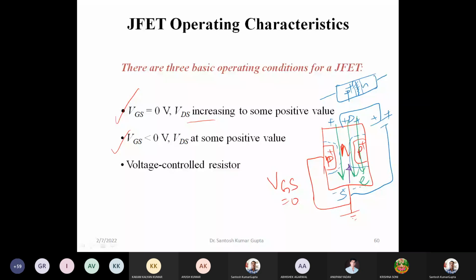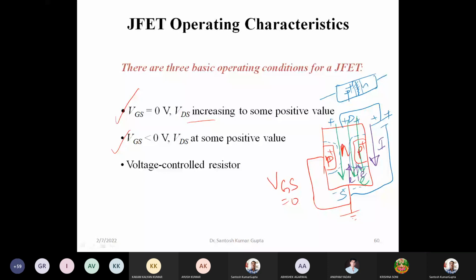So the electrons here will start flowing from source side to the drain side, but the current is going to flow from the drain to the source side, because the current flow direction is that of the positive charges. Electron is flowing from source to drain means positive charges are flowing from drain to source. So current is flowing from drain to source, whereas electrons flow from the source to drain. So that's what happens here.